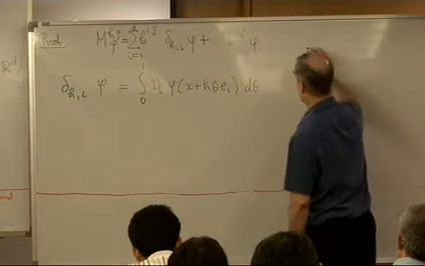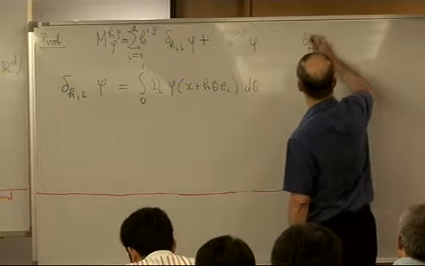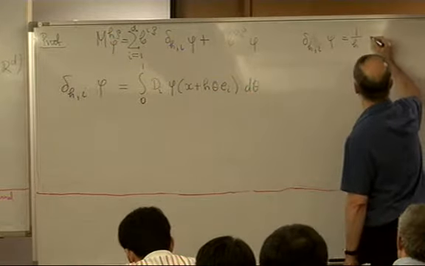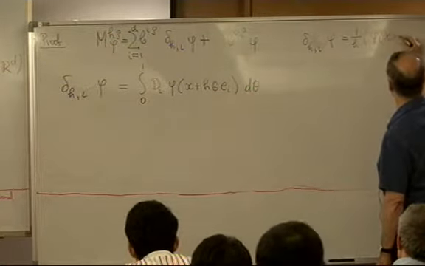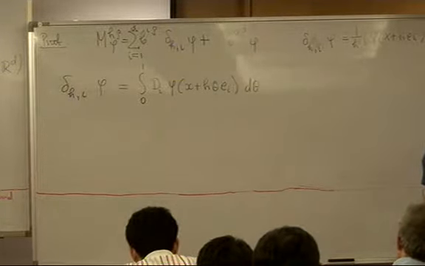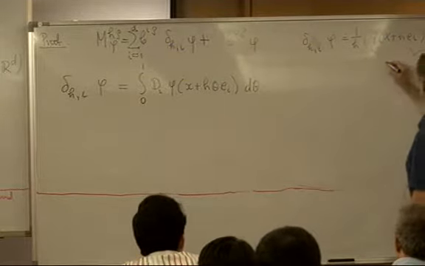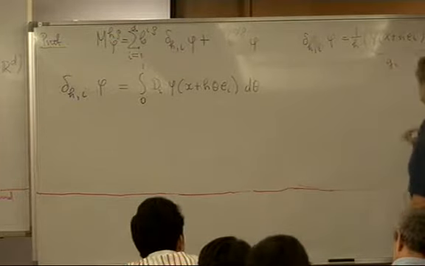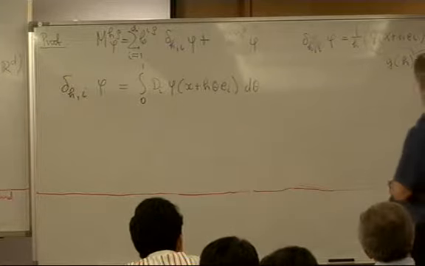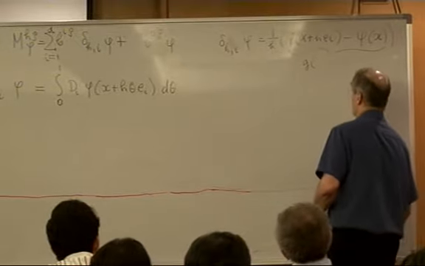Recall that delta_h^i phi is 1 over h times phi(x plus h e_i) minus phi(x).